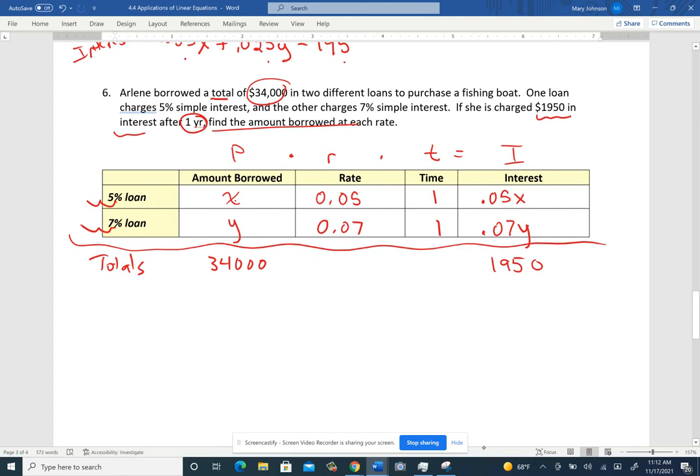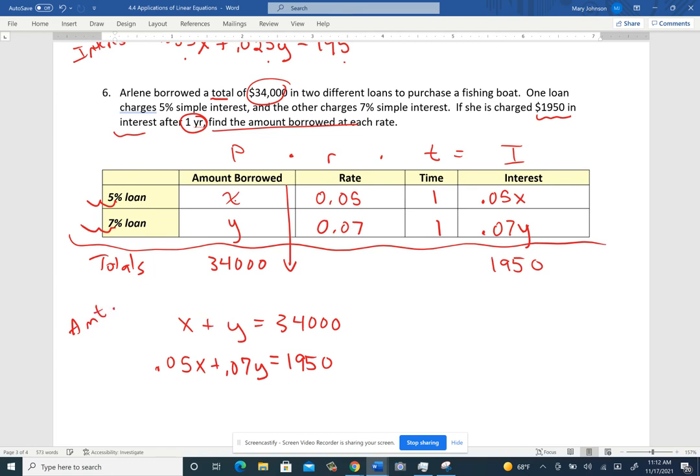So just like on the other one, we're going to get one equation coming from the amount borrowed: x plus y has to equal the 34,000, and one coming from the interest. So this equation relates the amount borrowed, and this equation deals with the interest on everything.